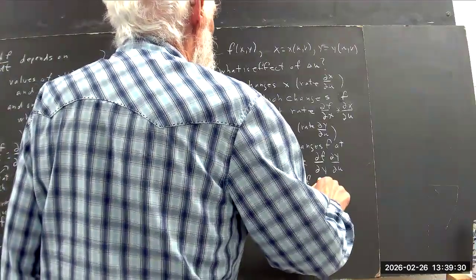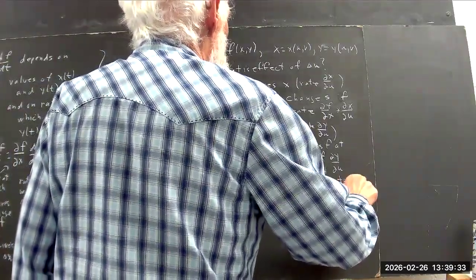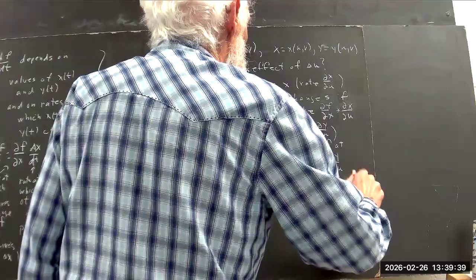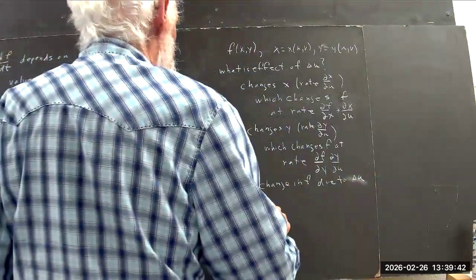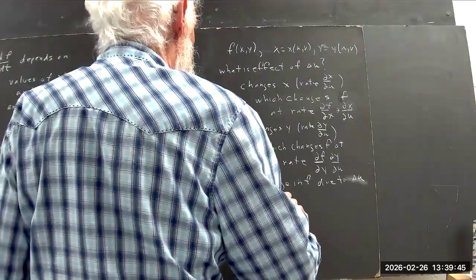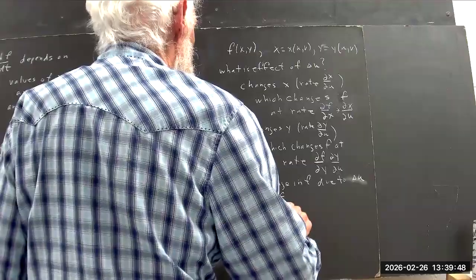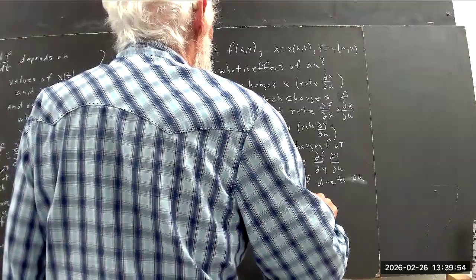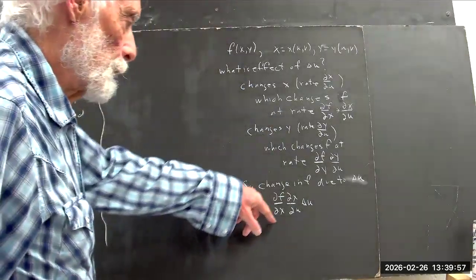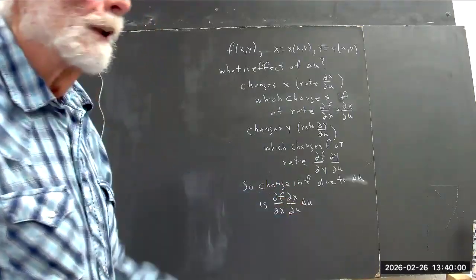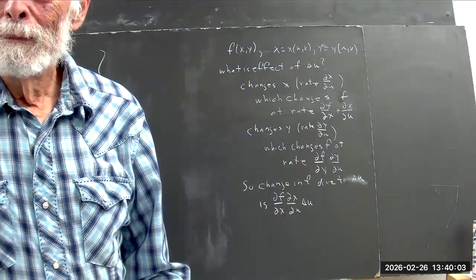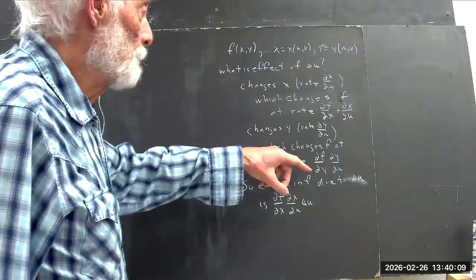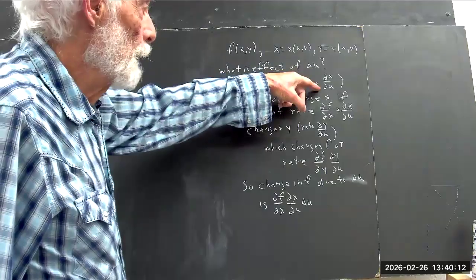The change in f due to a change delta u is partial f with respect to x times partial x with respect to u times delta u. Okay, so u changes by a little bit, right? It changes x at the rate partial of x with respect to u.